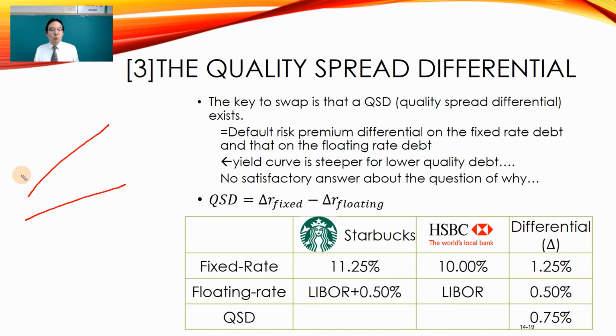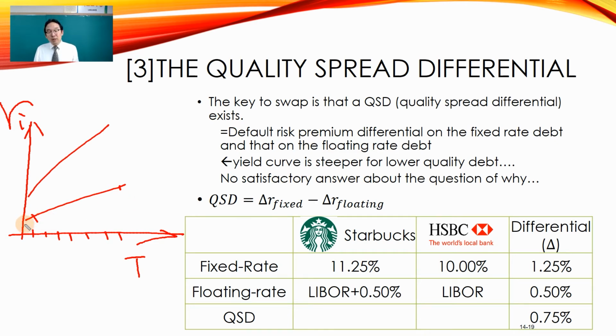So yield curve, what do you mean about yield curve? It goes back to your investment class. Here on your horizontal axis is the time to maturity of your borrowing, and the vertical axis is the interest rate R. As the maturity of your borrowing goes longer, naturally you will have higher interest rate to borrow compared to your short-term interest rate, right?